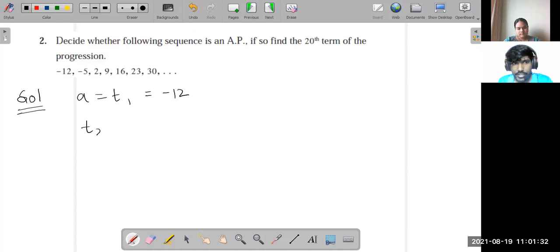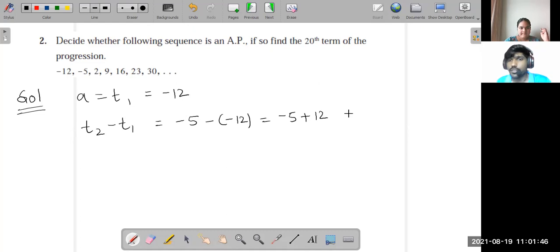So first we'll do T2 minus T1. So that will be minus 5 minus of minus 12, which is minus 5 plus 12, which is 7. Now next, let's do T3 minus T2.